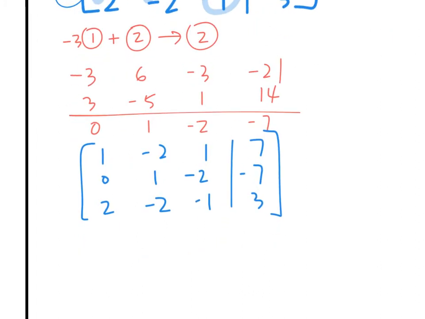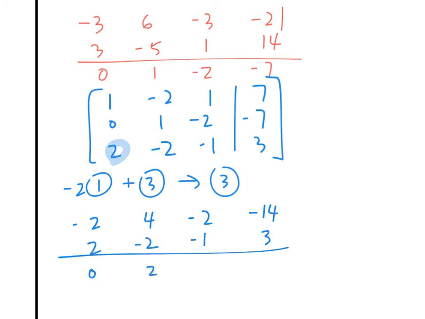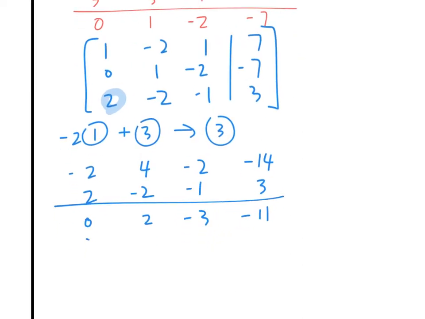All right, the next thing we need to do is make this 2 equal to a 0. What should we do? Yes. Okay, so negative 2, 4, negative 2, negative 14, added to 2, negative 2, negative 1, 3, gives 0, 2, negative 3, negative 11.